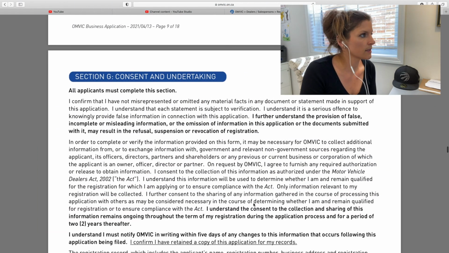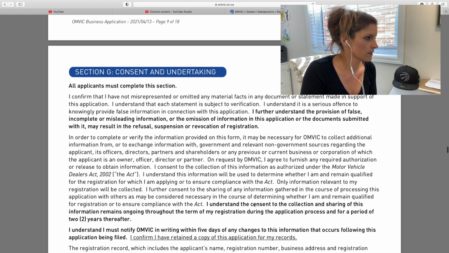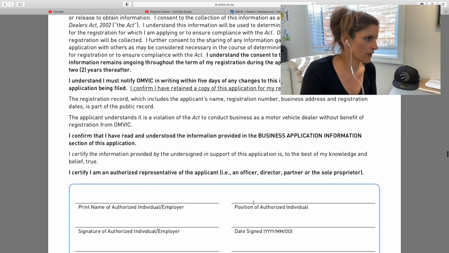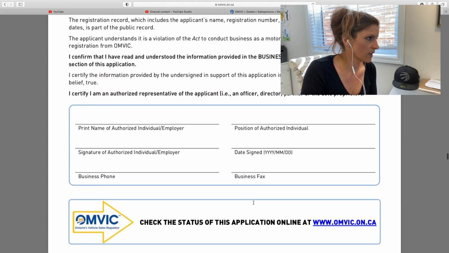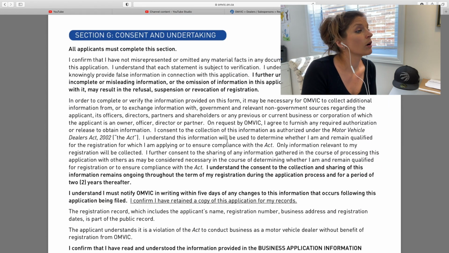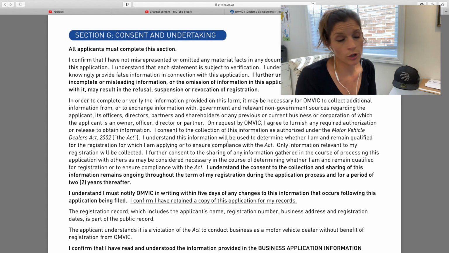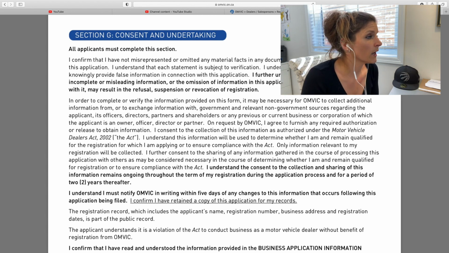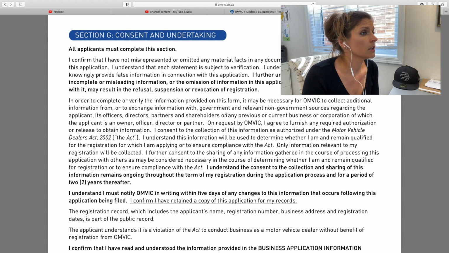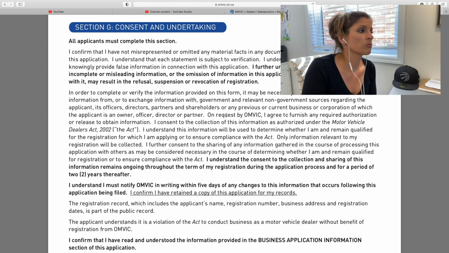Section G, consent and undertaking. This is just, obviously you'll have to print your name and sign. You're confirming that you are giving all the information to the best of your knowledge, and all your documents are factual, and that it is an offense to knowingly provide false information in connection with this application, right?